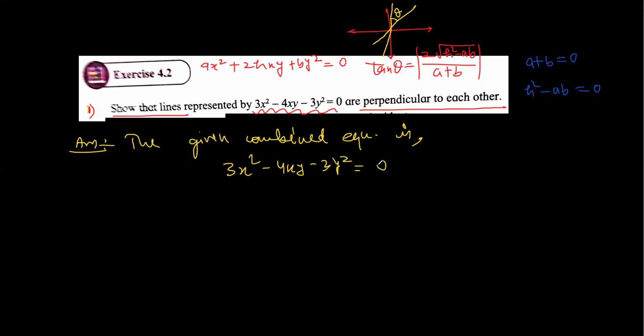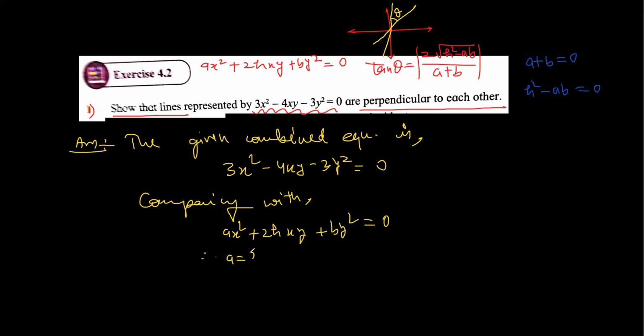Comparing with the standard homogeneous equation ax square plus 2hxy plus by square equal to 0, we get a equals to 3, 2h is minus 4. See here, 2hxy, this is minus 4xy. So h is minus 4 by 2, that is minus 2. And b is equal to minus 3.